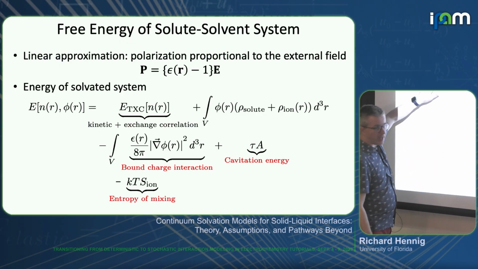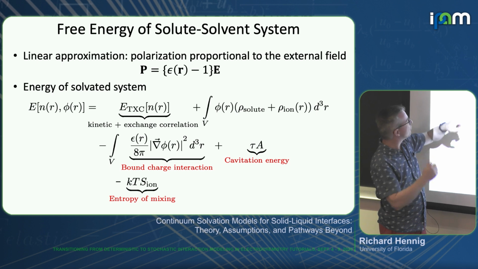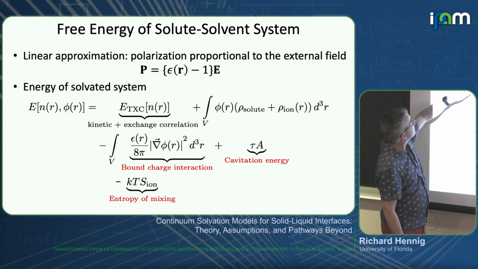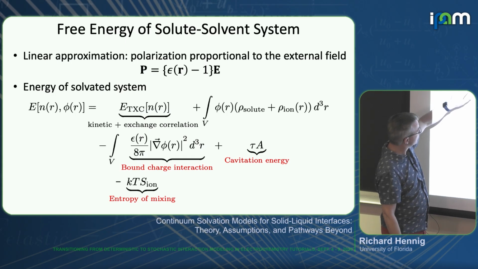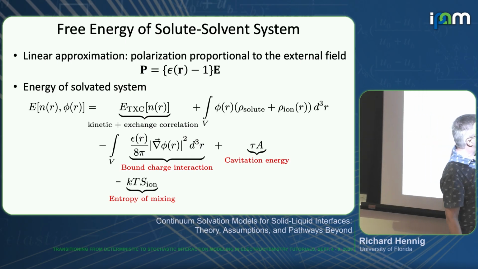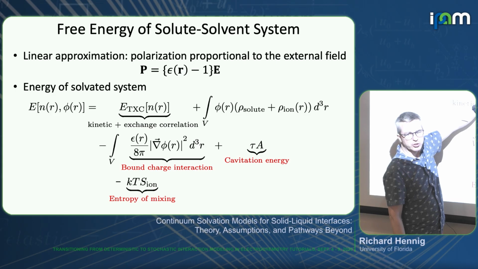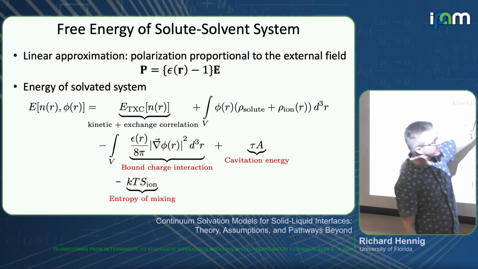I've changed my rho to n. I had a little trouble in PowerPoint getting the equations typeset. So this is the charge density of the electrons in the solute. This is the electrostatic potential everywhere. We have our normal DFT expression for kinetic energy and exchange correlation. The electrostatic term I don't have in here, because it's over here.